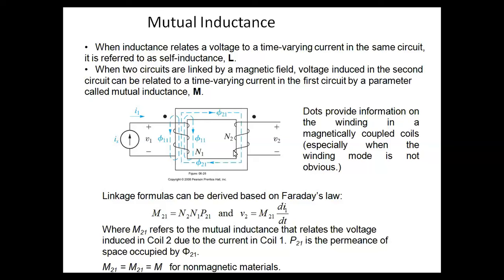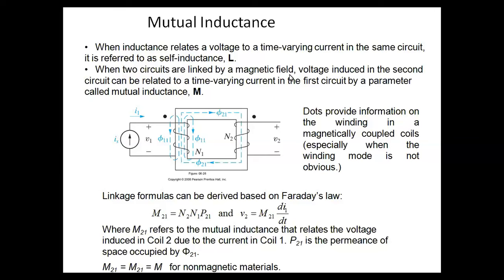When inductance relates a voltage to a time varying current in the same circuit, it is referred to as self-inductance, and that is usually called L. So it's just the inductance.